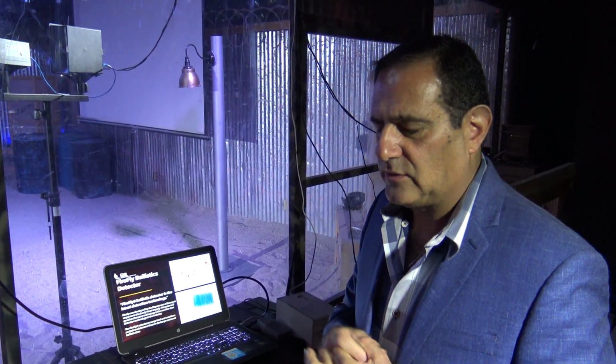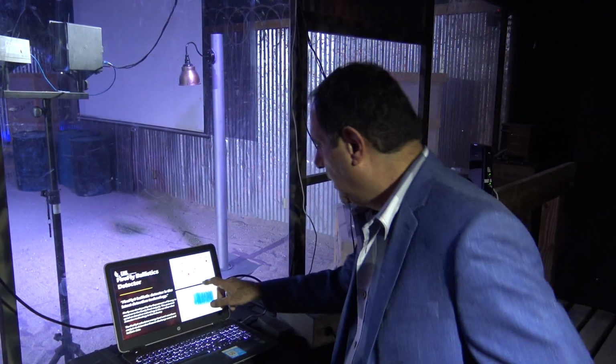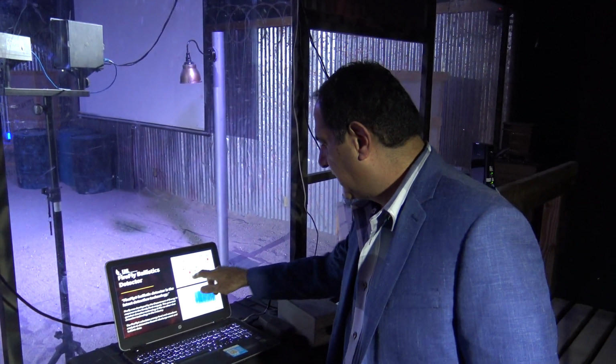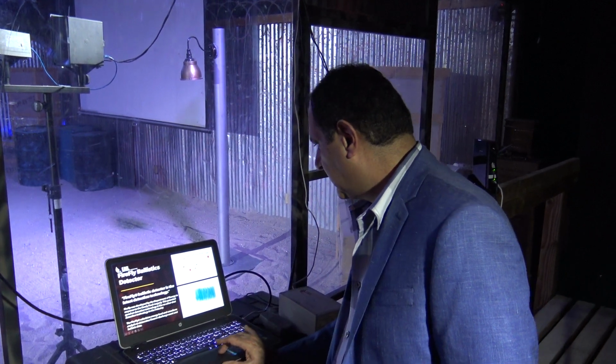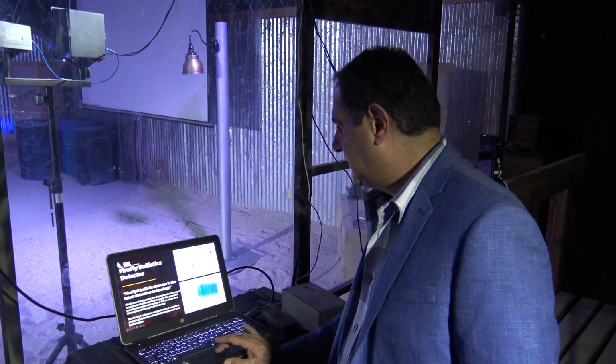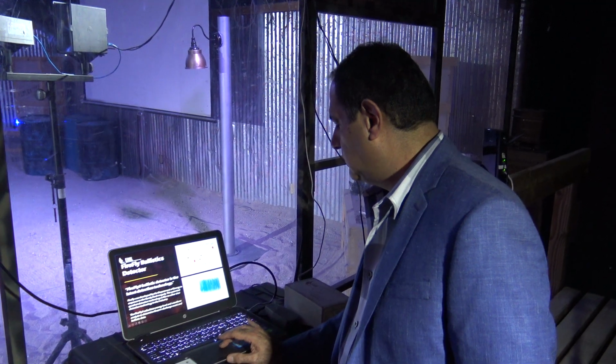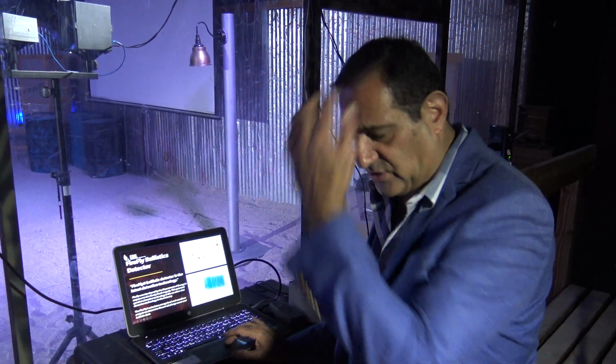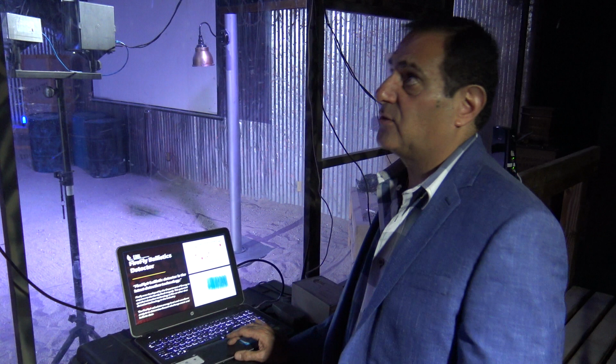Turns out that the energy level of a firearm is extremely high, and it can easily be distinguished from other noises. So if we put the classification threshold right here, you can see that the highest energy level just below the classification threshold is the firecracker.